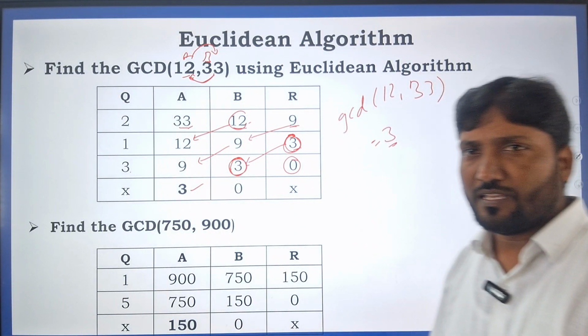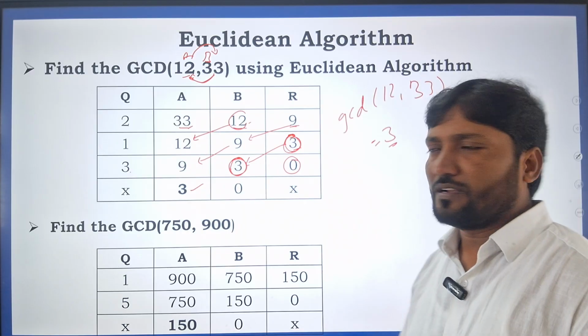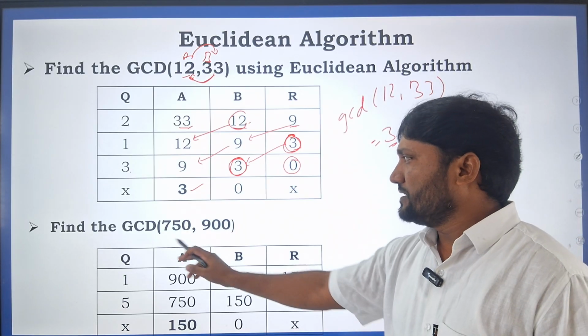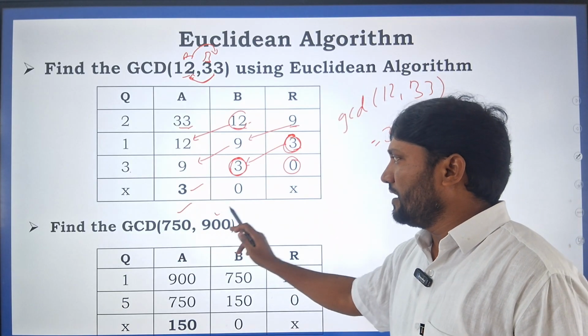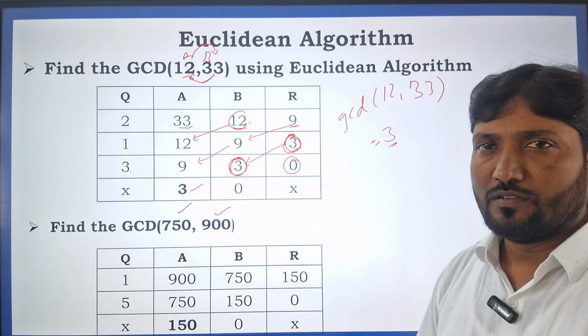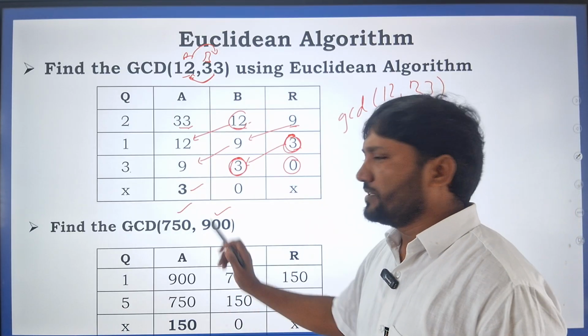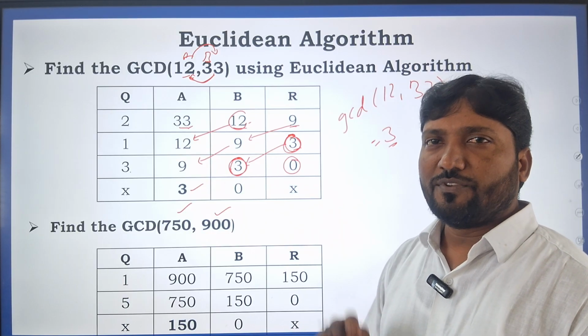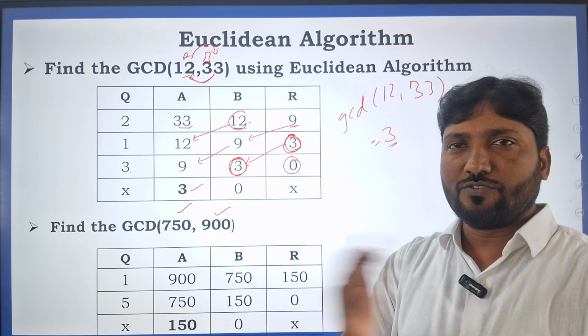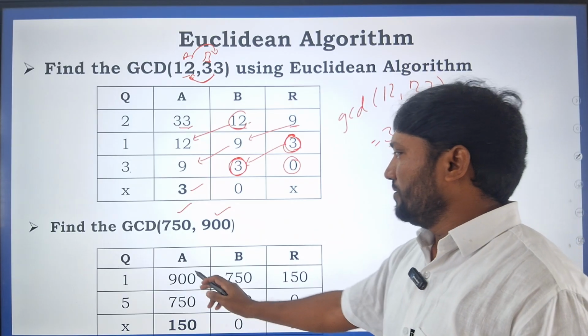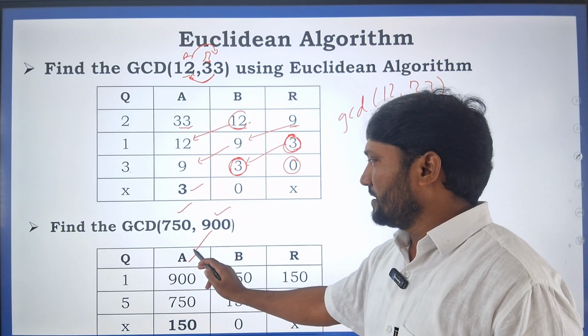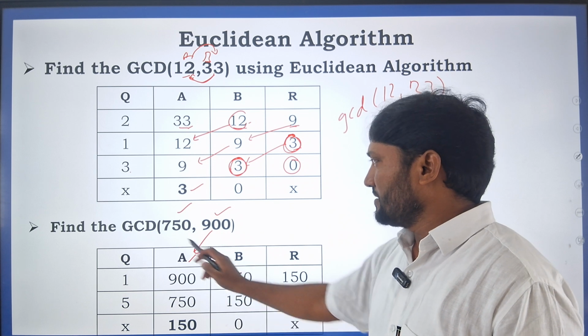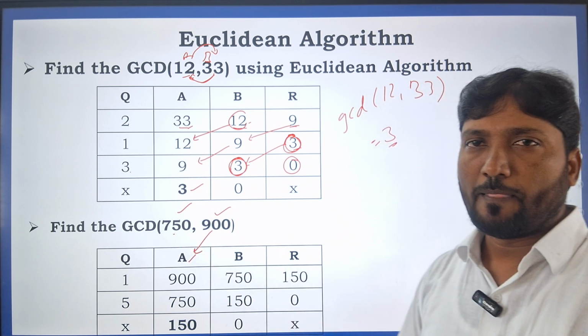Now let us see one more simple example to understand clearly. Find out the GCD of 750 and 900. As we know, these two are positive integers and A must be greater than B. If A is not greater than B, we simply swap the numbers. Now in place of A, we take 900, and in place of B, we substitute 750.